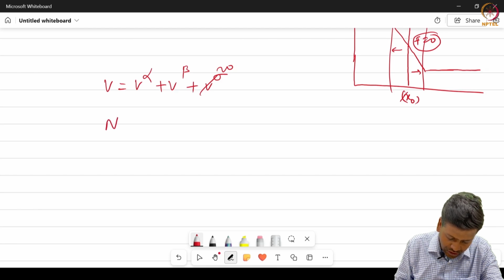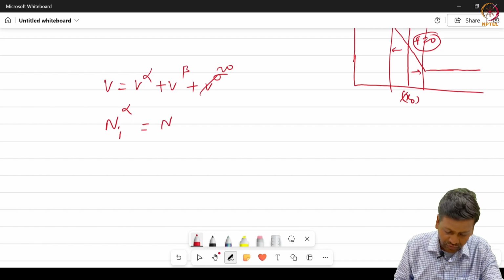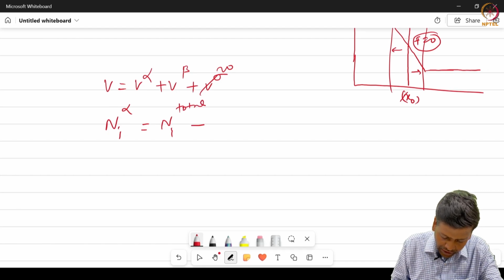So, you can use this relation to calculate what is known as the surface excess for a given solute. If I denote Ni as the number of the ith species at the interface, we have to do the component balance here. So you will have Ni total minus Ni alpha minus Ni beta.